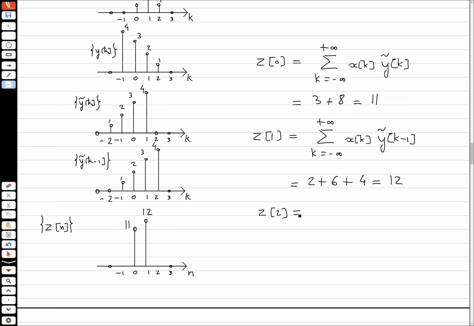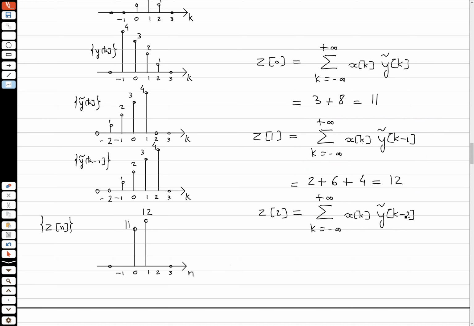Do you want me to write this? Okay, let me do it. Here, at 2, you are going to involve the shifted version of y tilde by 2 to the right. And let me not plot it.